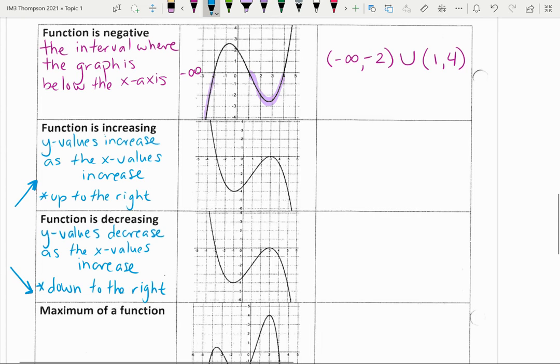Okay, so talking about function increasing and decreasing, you can think about when you talk about increasing and decreasing slopes, that perspective will be helpful. I'll give you a little bit of time to write it down.